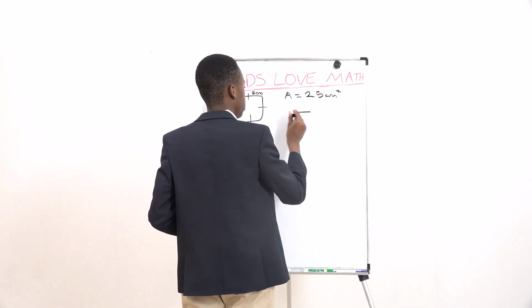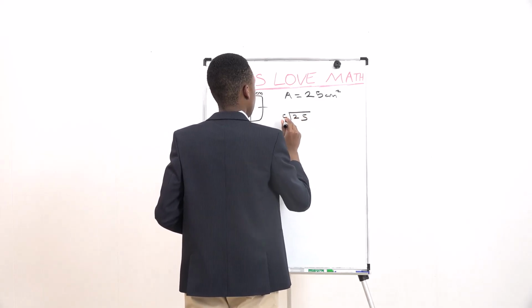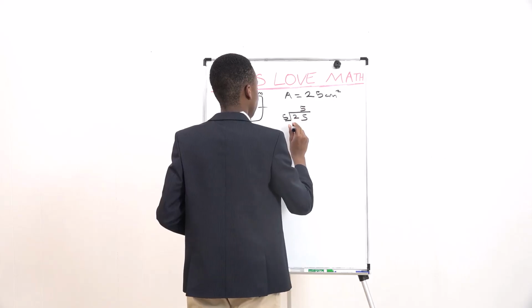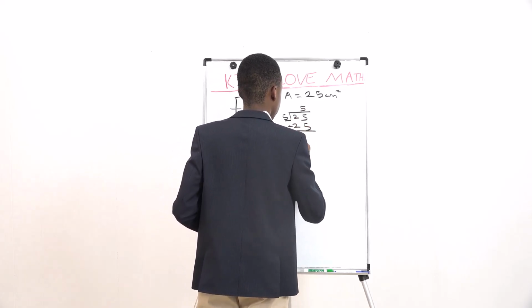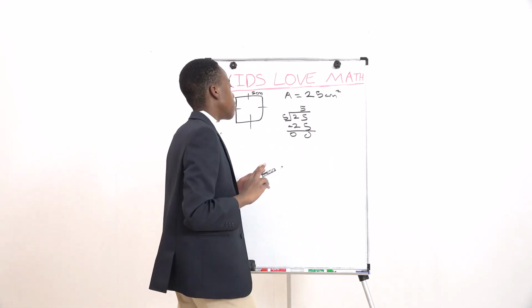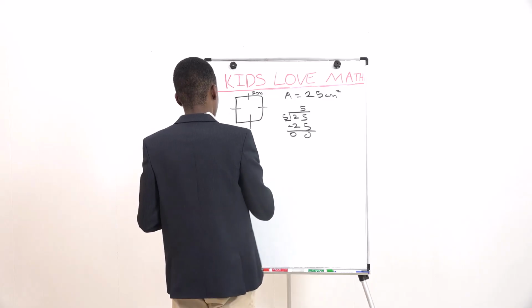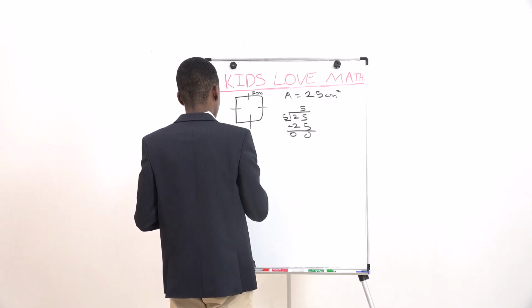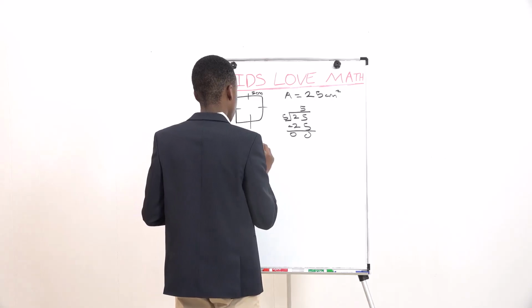You're obviously going to do 25 divided by 5. This will give you 5. 5 times 5 equals 25, and we have our answer. So the answer for the missing number, our side length, is equal to 5 centimeters.